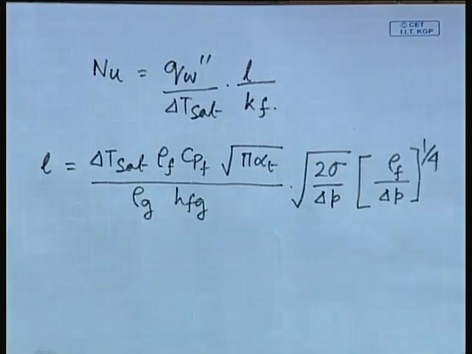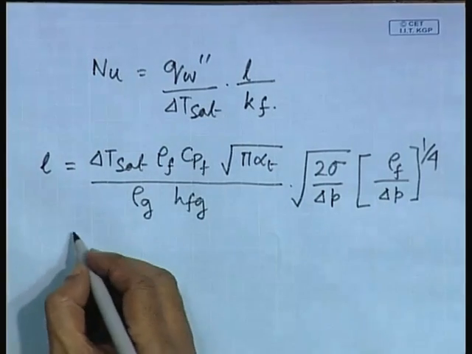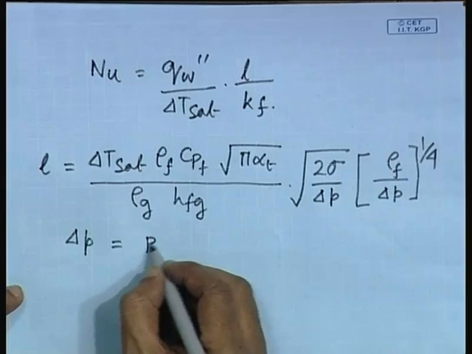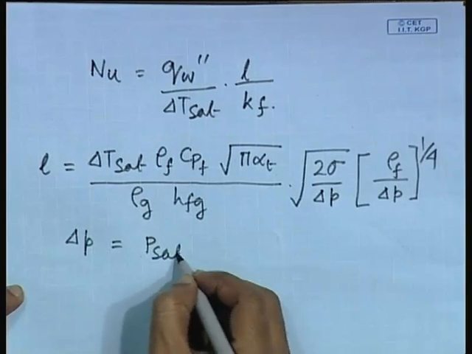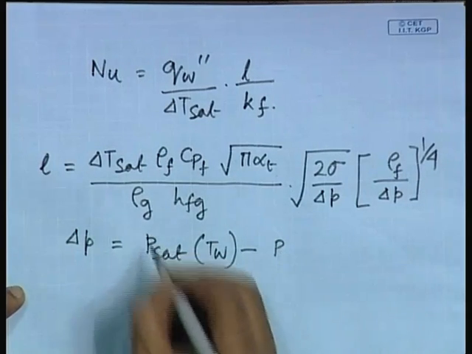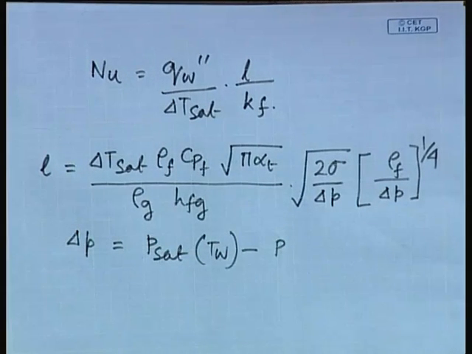So, this is what they have got for the length scale calculation. Now, delta P term is coming. Delta P is equal to nothing but P saturated at wall temperature minus the P liquid. Okay. So, this is how delta P is calculated.